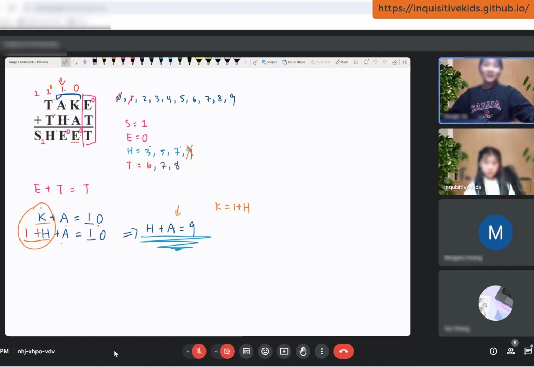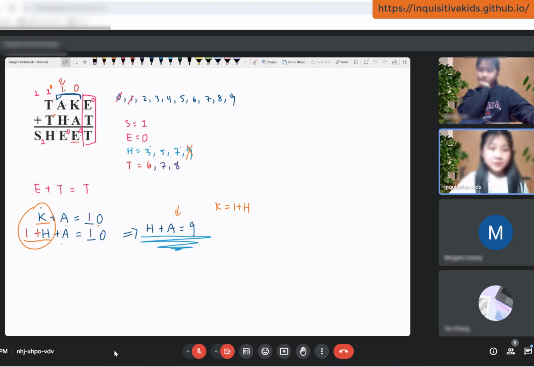Let's go back to the slide and see what we have so far. Kaylee, you remain paused on your share screen right now. I just want to make a comment, Liliana, just notice how Kaylee, when she's solving really complicated cryptograms like this, look at how organized she is, right? She's not losing track of what she's thinking because first, on the top, she has all the possible digits written out from 0 to 9.